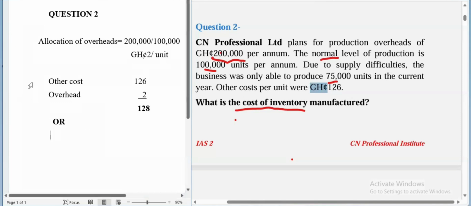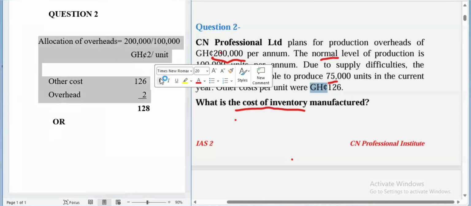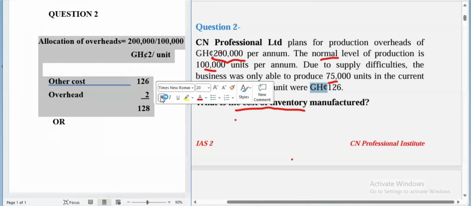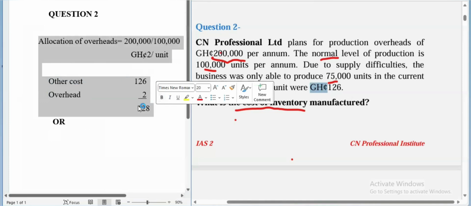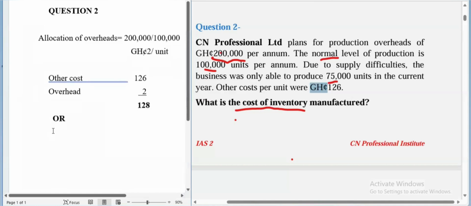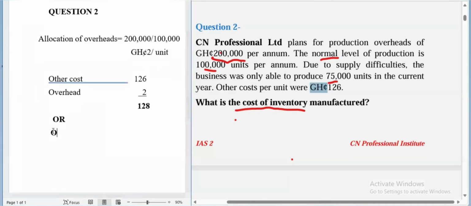Let me broaden it and see if we get a better view. I think we are not really having it, so let's maintain our 10 as it was. So we put on the final answer. Then we said other costs here. How much do we have? Other cost per unit is 126.